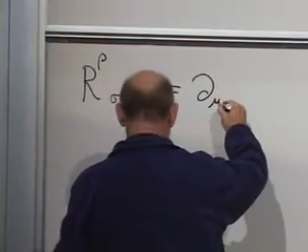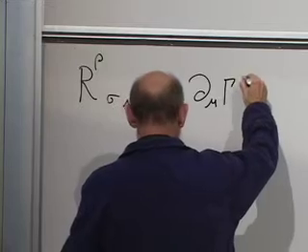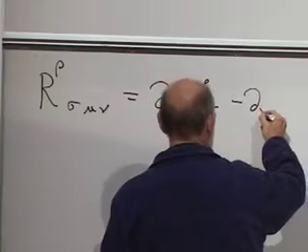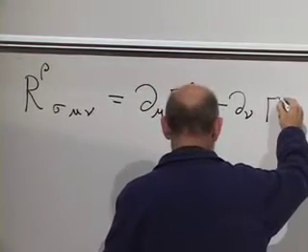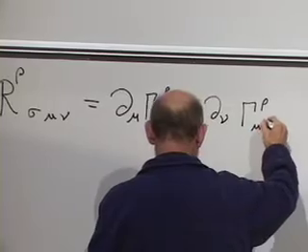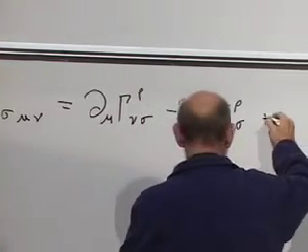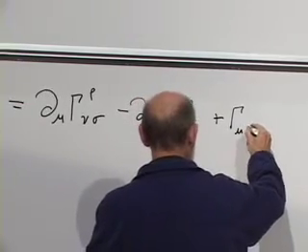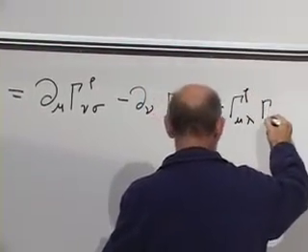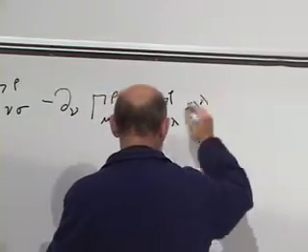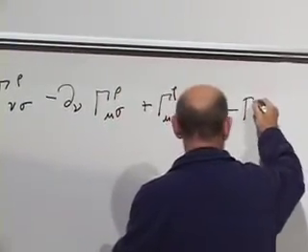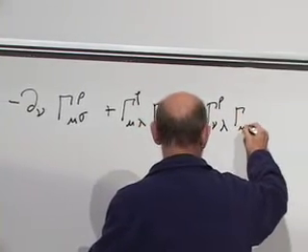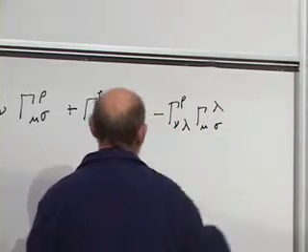d mu, and then there are 2 terms which are just products of the gamma mu lambda rho gamma nu sigma lambda minus gamma nu lambda rho gamma mu sigma lambda.